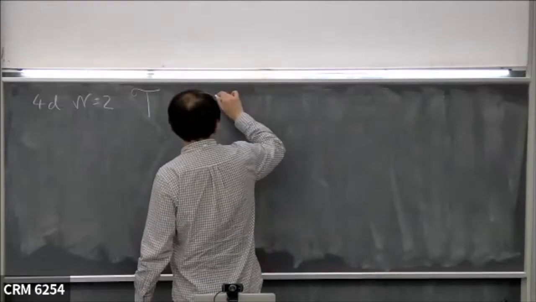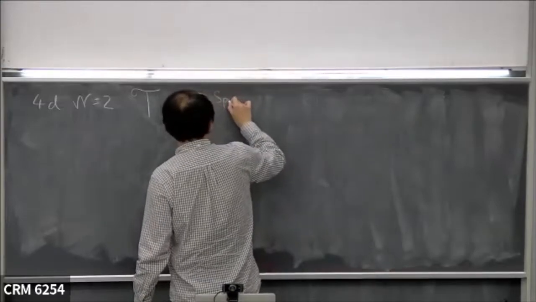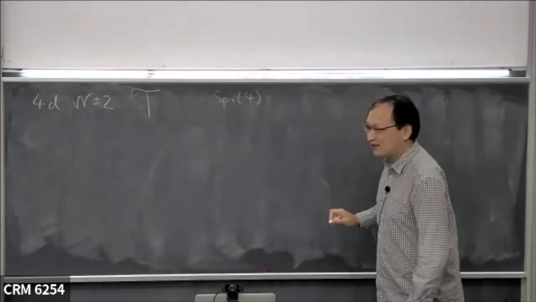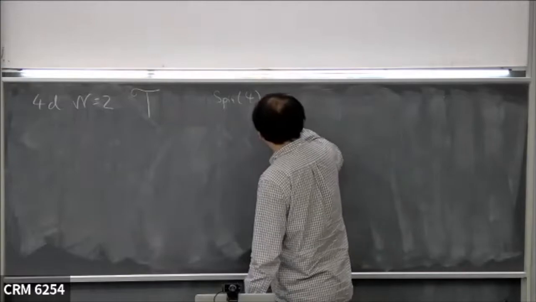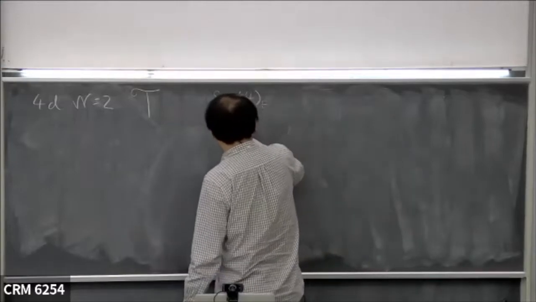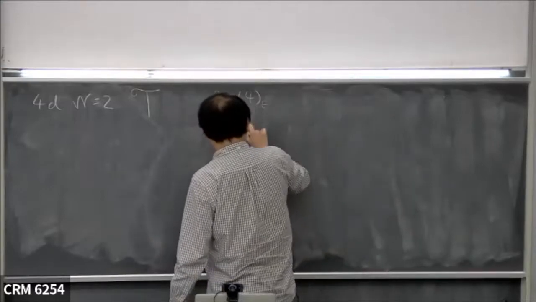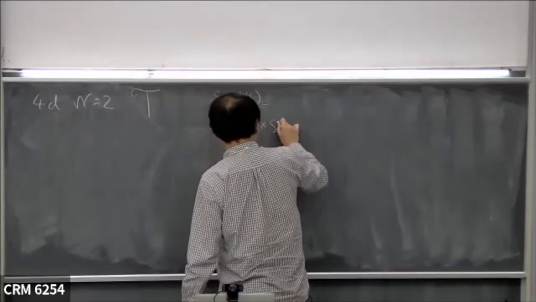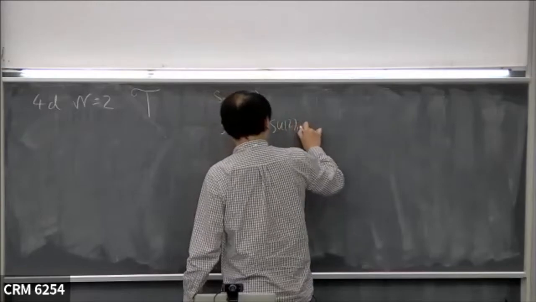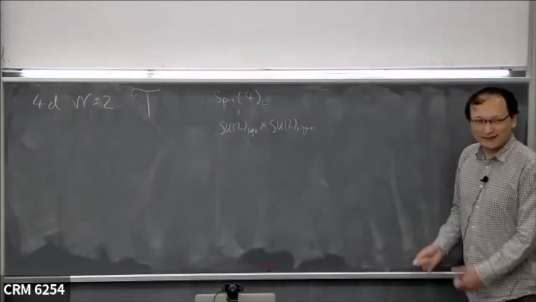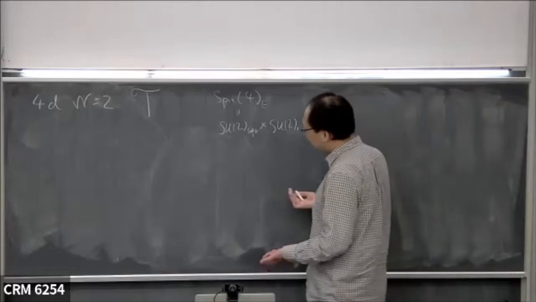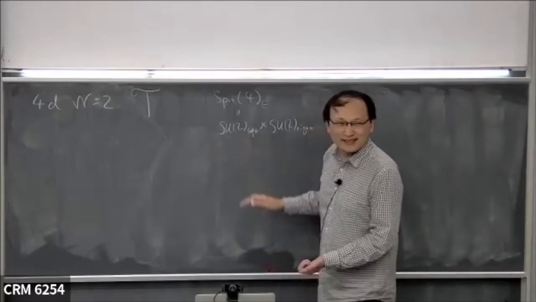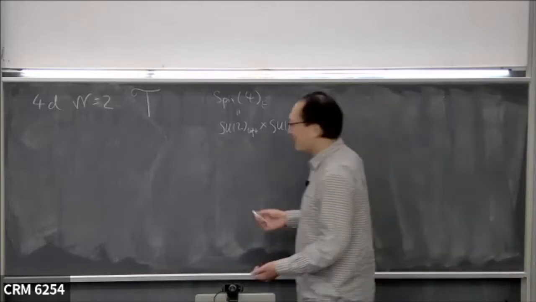The Lorentz group, or let's work in the Euclidean world, is Spin(4), E for Euclidean. And then it is a product of SU2 left times SU2 right. Supercharges are spinors. So the minimal thing is that you only have left-moving spinors, but that's for some reason not allowed in a quantum field theory.